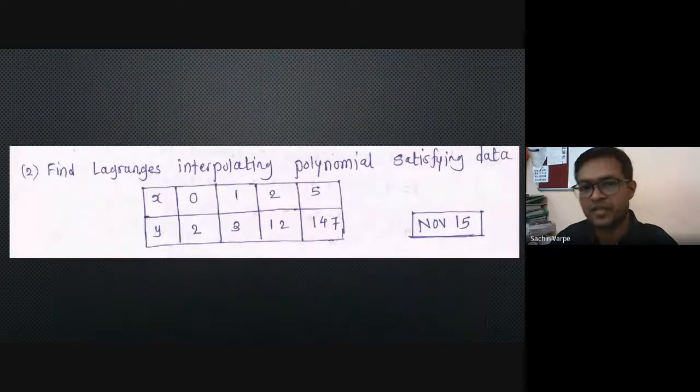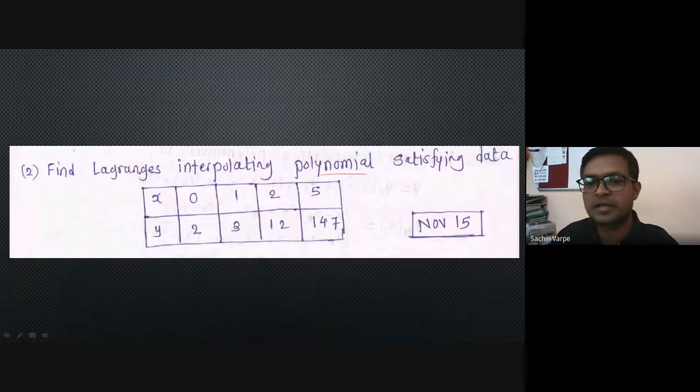Next example. See here, find the Lagrange's interpolating polynomial satisfying this data. Here, this is our x0, x1, x2, x3, and this is y0, y1, y2, and y3.